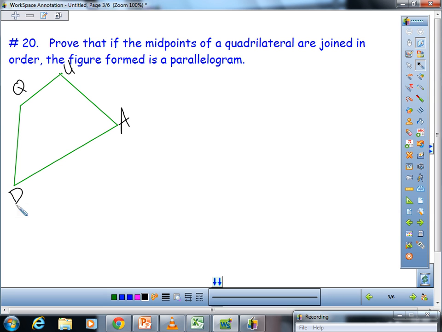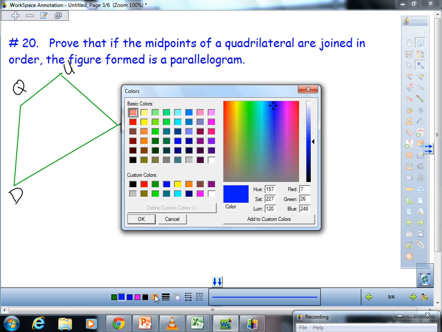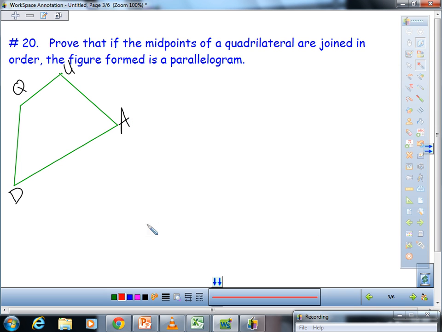Now we got to create some midpoints. We'll do that in red. Oh dear, somebody changed my colors again. So somebody get ready to give me a 4-letter word that doesn't have Q, U, A, or D, or repeat. Allie? Does that work? It's got 2 L and an A. It doesn't work.